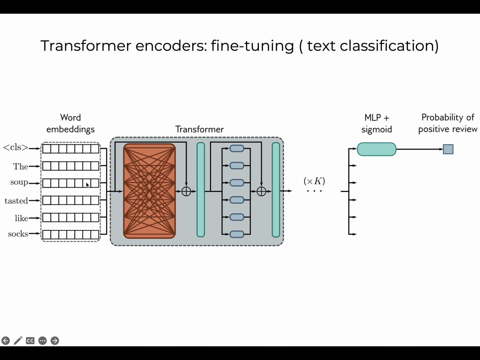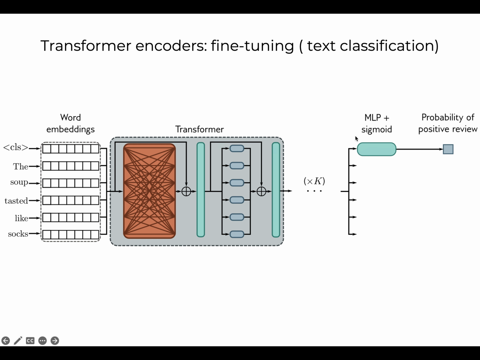So the way I'm going to do that is take my pre-trained transformer, and that will output at the end representations corresponding to each of the tokens. But by this point, the tokens should have ingested all of the information from the other tokens and be very rich in their representation. And I'm going to choose to take the one that corresponds to the start of the sequence token, CLS, and that's the one that I'm going to extract the representation of the whole sentence from.